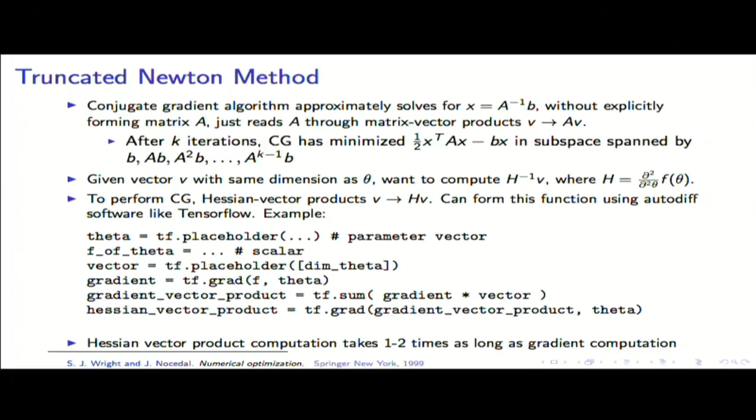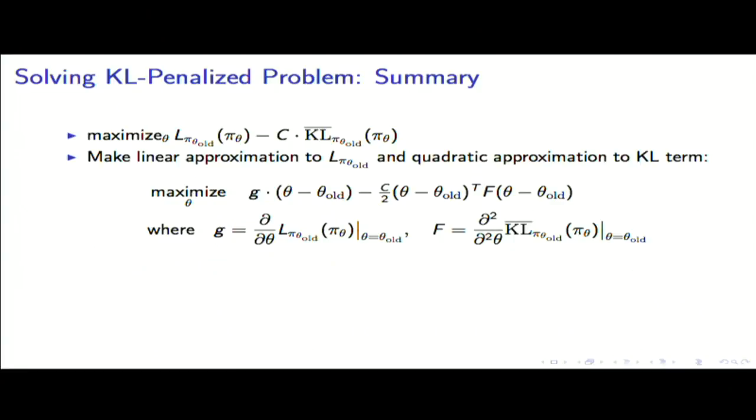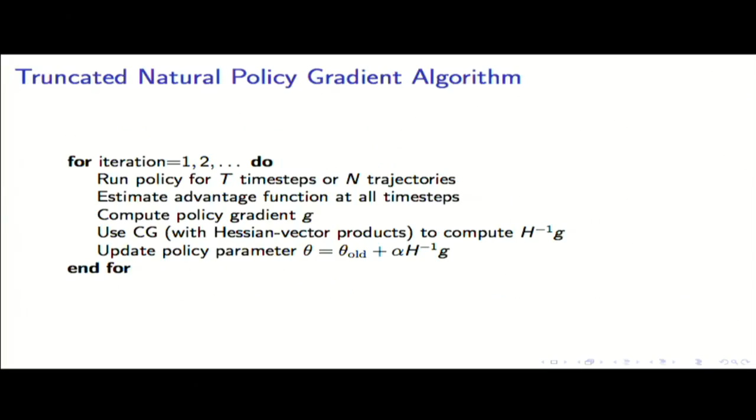So conjugate gradient is going to come up with a series of vectors and query at those vectors for what the Hessian vector product is. Okay, so that's the truncated Newton method, which is a general optimization technique, and you can use that here to do natural policy gradient.